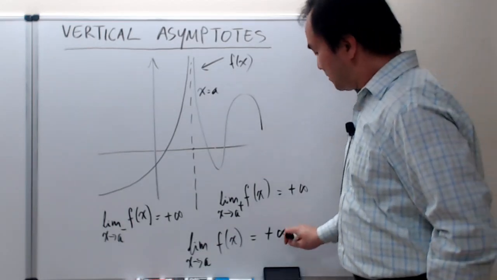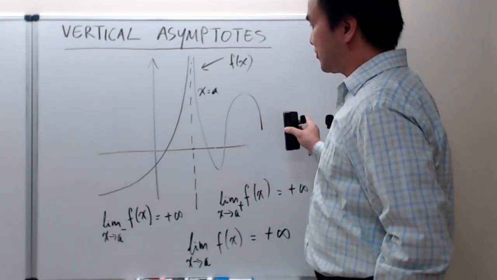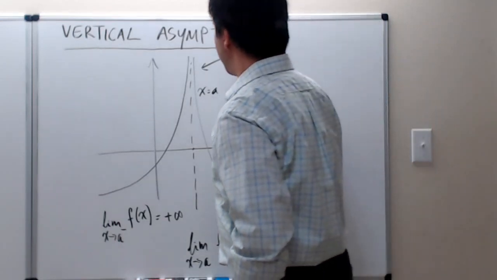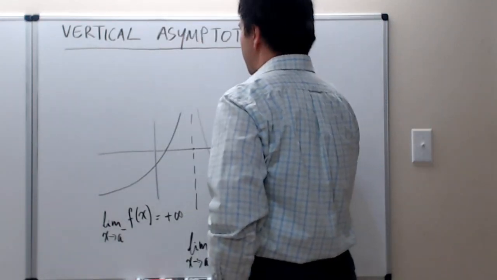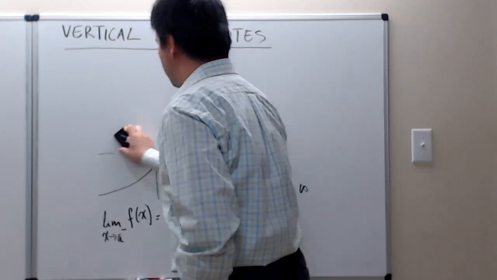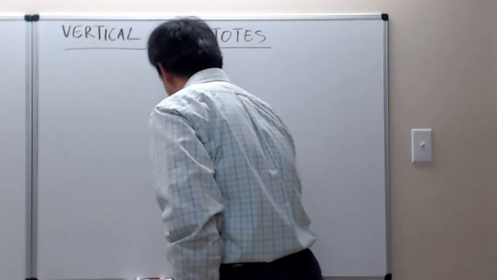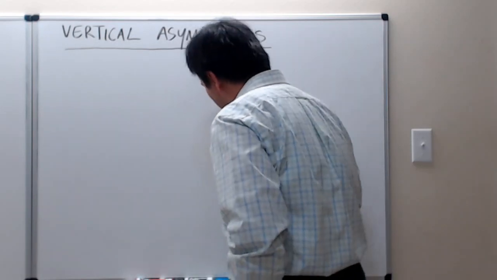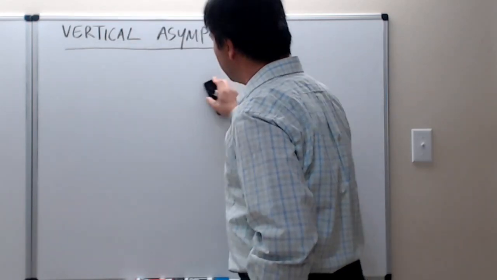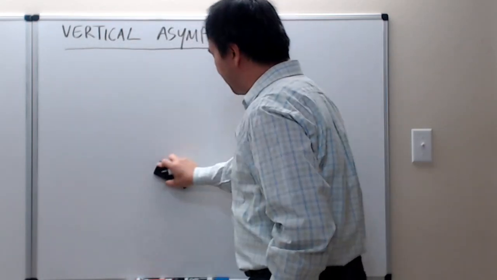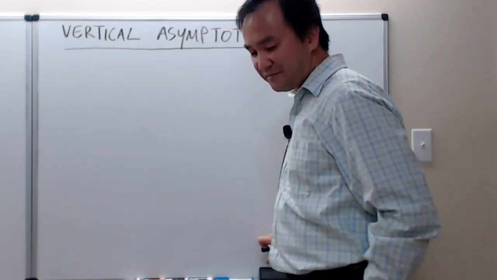So now, after seeing a couple of examples, we are ready to give a precise definition of what it means to have a vertical asymptote at the vertical line x equals a in terms of limits.